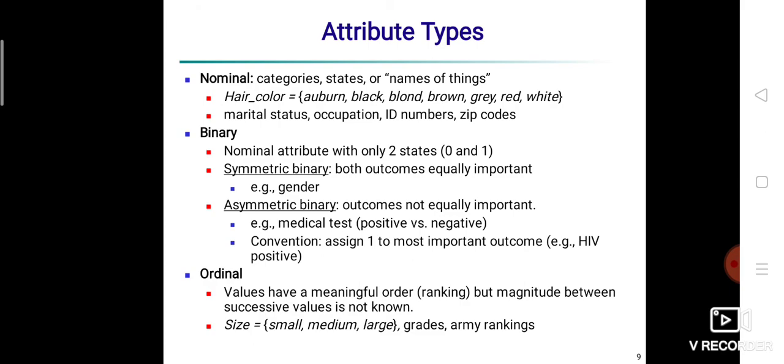Such attributes can be termed symmetric attributes. An asymmetric binary attribute is one where the outcomes are not of equal importance, like medical tests, HIV tests. The positive and the negative values are of different importance, right?